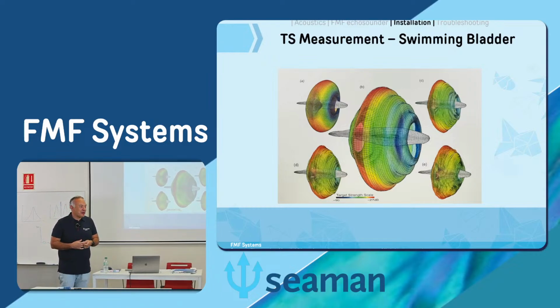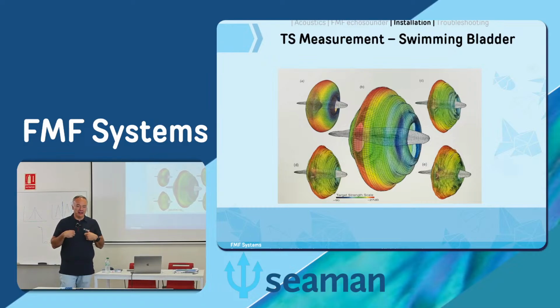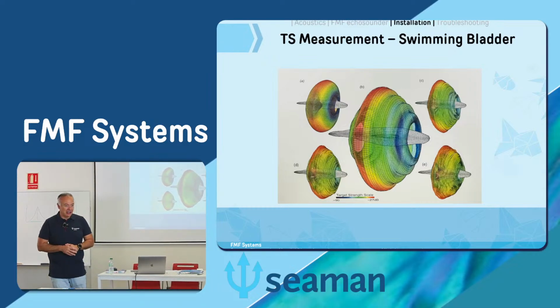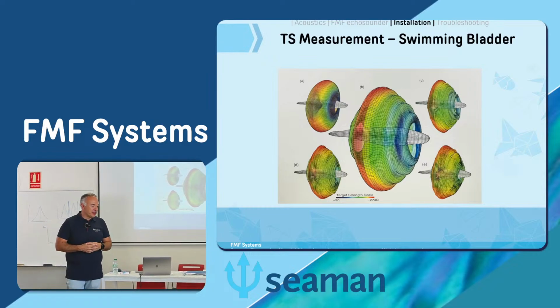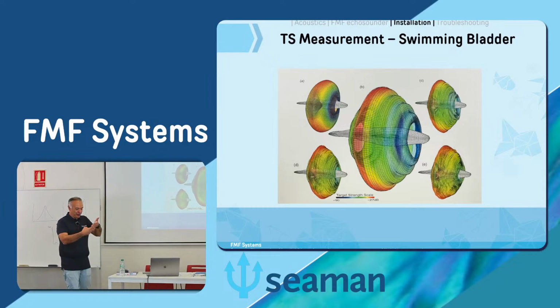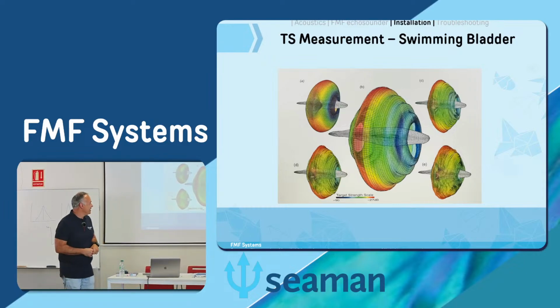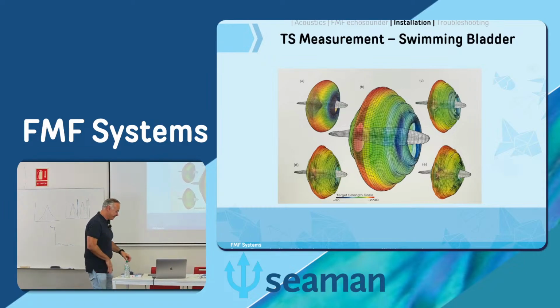If you have enough vertical resolution, if you are working with chirp, you may even have, we didn't experience it in practice, but I read some scientific papers about it, two readings from different parts of the same fish. So yes, it works.